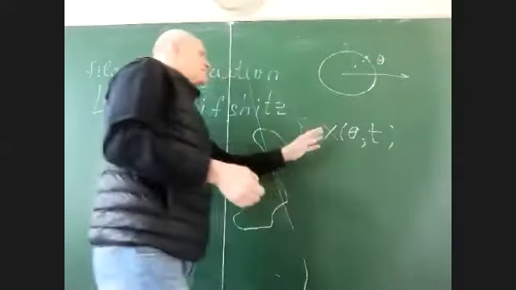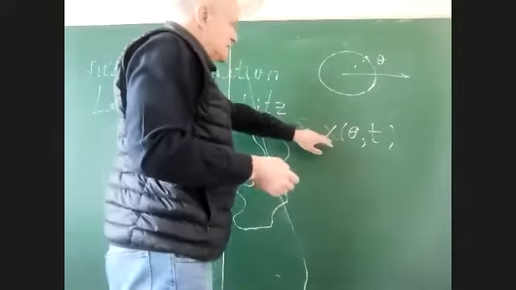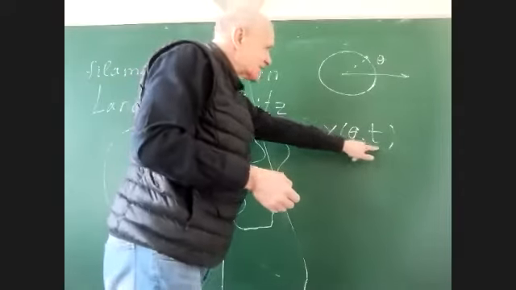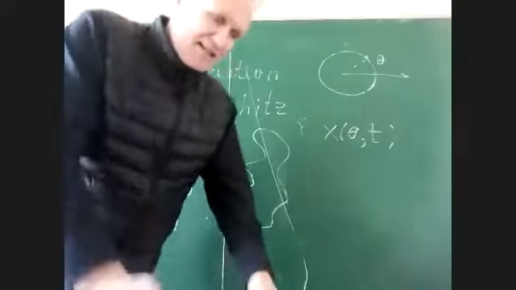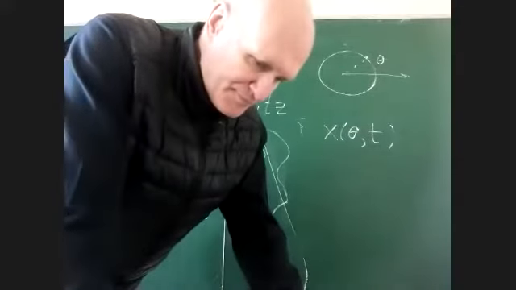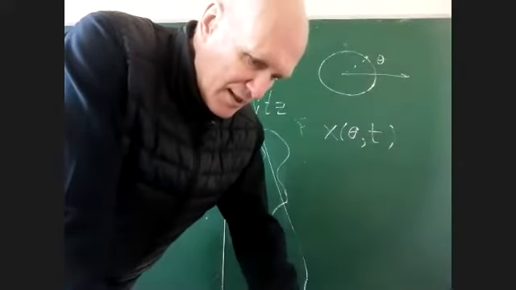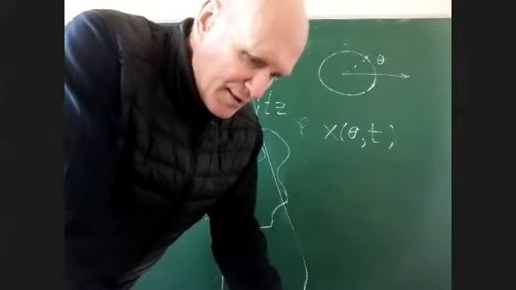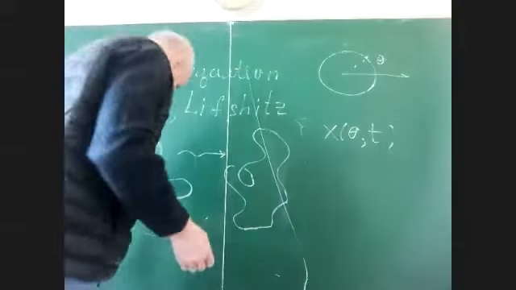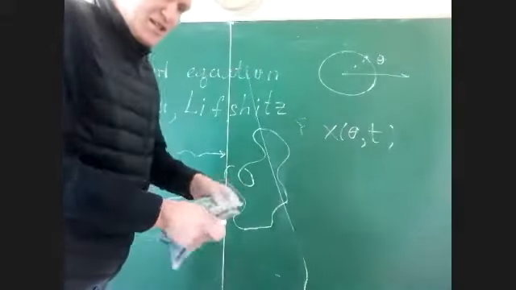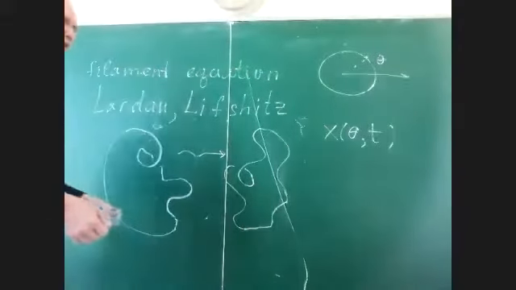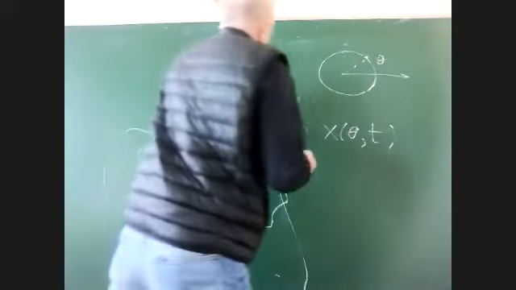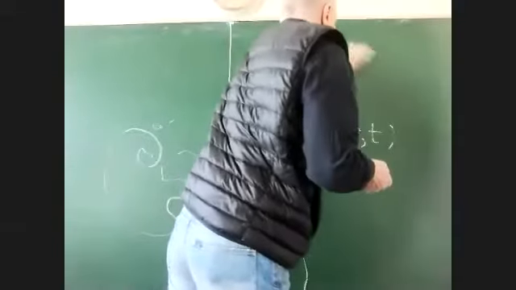This is the position of the point of the curve related to the parameter theta at the time t. And the initial equation for the motion of the curve was the following.